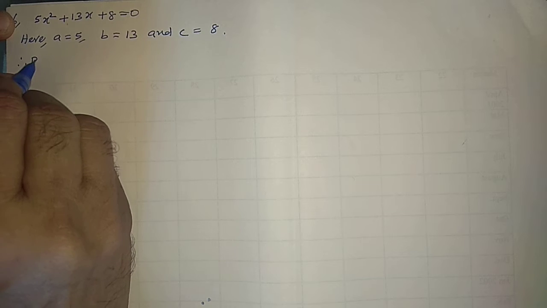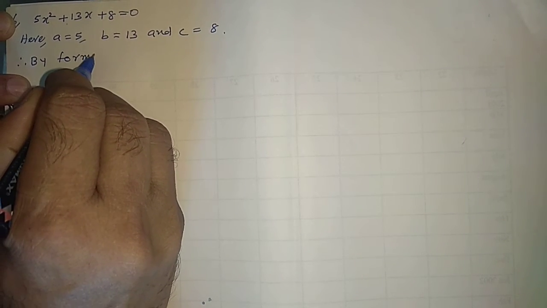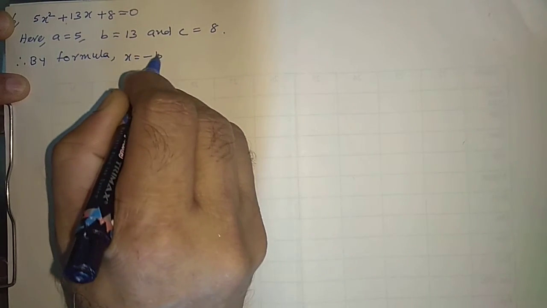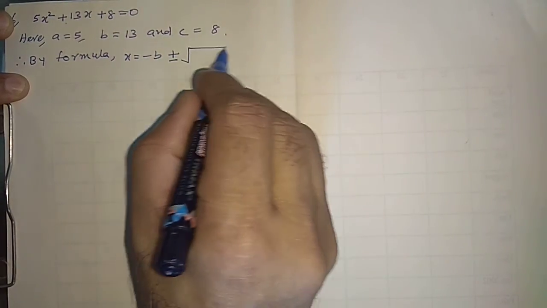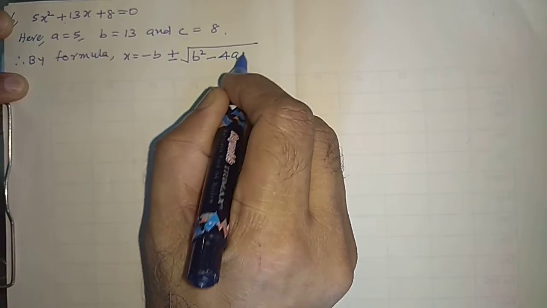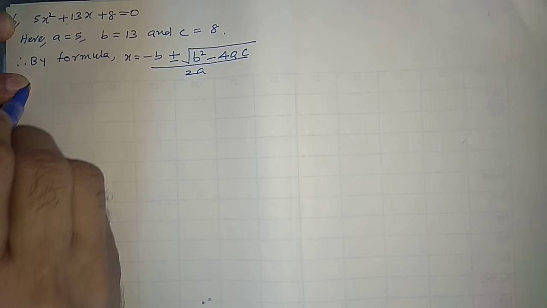Therefore, by the formula method, x is equal to minus b plus or minus root of b square minus 4ac upon 2a.